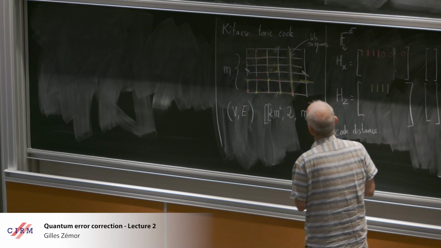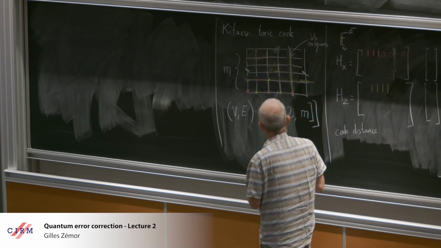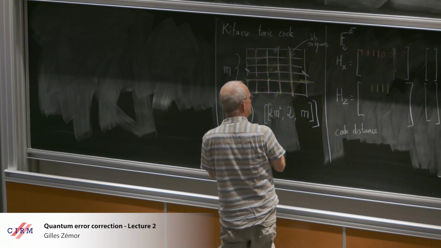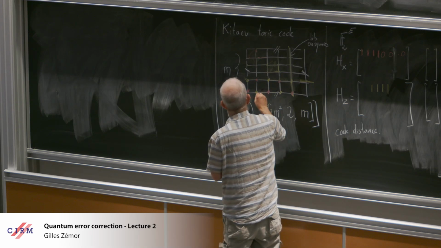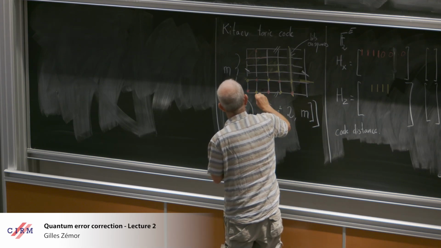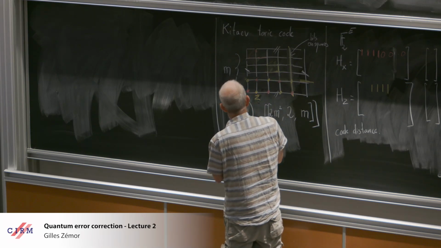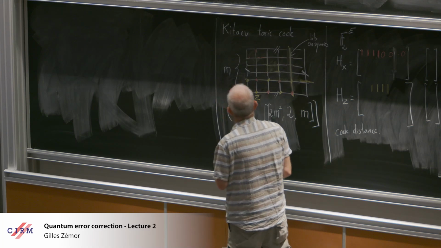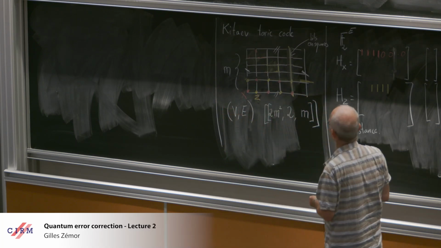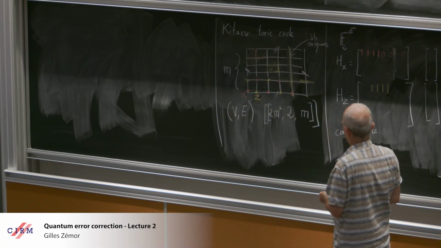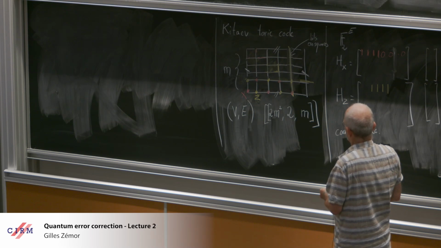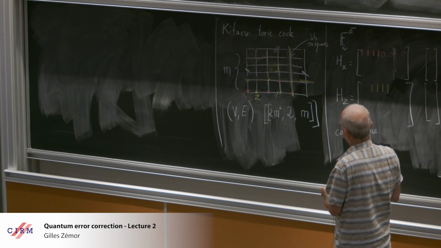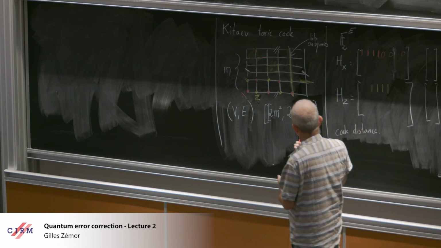Yellow, say, will be for the Z matrix, and red for the X matrix.